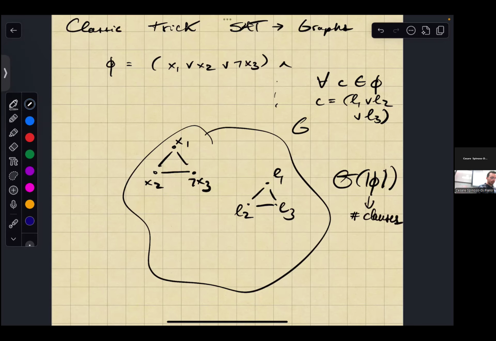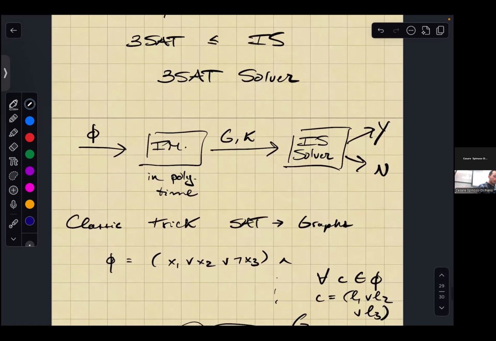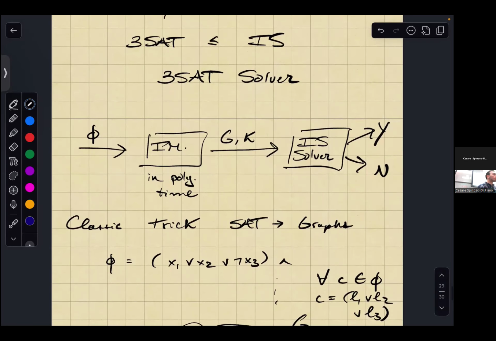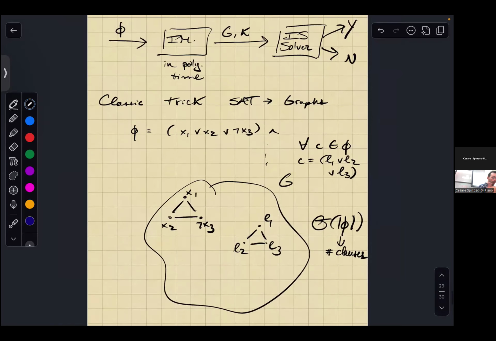Okay, so that's nice. And the other thing is, what am I going to give to the independent set solver? What is going to be k? Well, at this point, I can start talking about the connection between G and phi. The connection should be that for every clique, I should be able to select one vertex that makes the clause true.